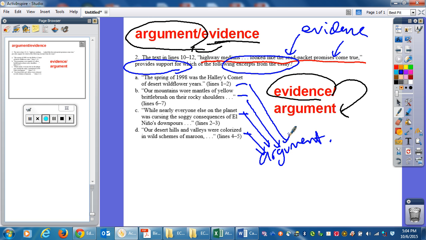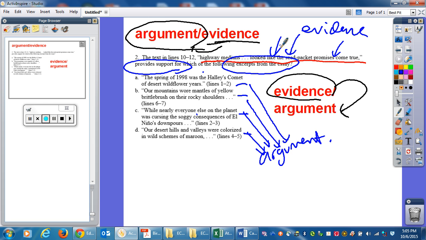If you want to be successful in answering a question like this, go back and evaluate all four of these statements. Which one of these is an argument? But then, which one of them is the argument that this particular thing is supporting?